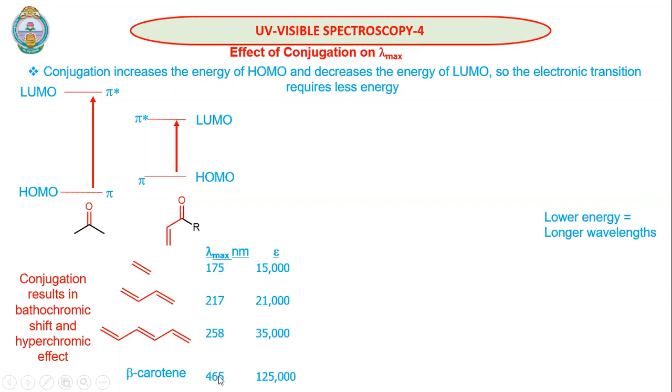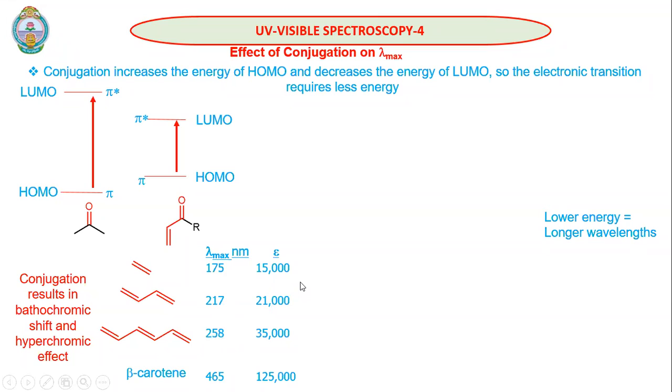And for beta carotene, it is 465. I'll show the structure of beta carotene in the next slide. So with increase in conjugation, the energy difference for the electronic transition is decreasing, or in other words, the lambda maximum is increasing.